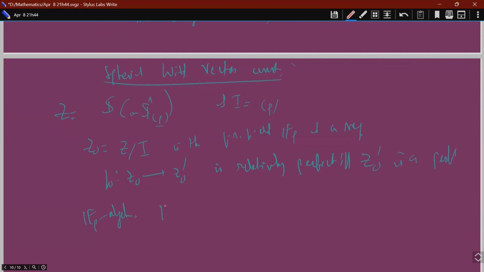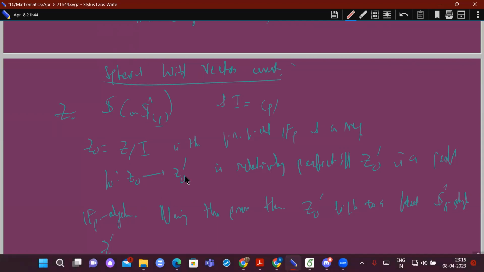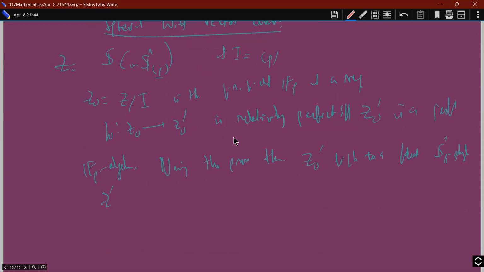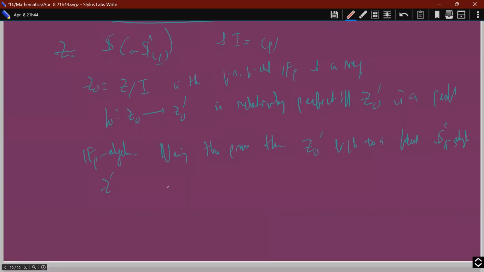So then again, using the previous theorem, we have a lift, right lift to a flat algebra, which is complete with respect to this idea.